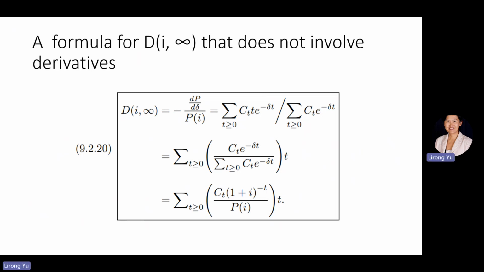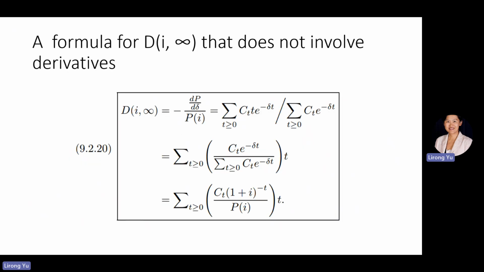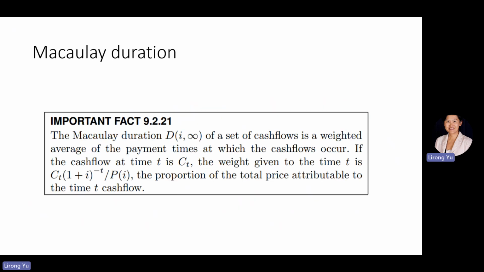So in a way, the Macaulay duration can be thought of as a weighted average of the time, since it's a summation of the t, with t having a coefficient that represents the weight of a certain future cash flow discounted to present time. According to this formula, especially the last line, we're able to get a conceptual understanding of the Macaulay duration.